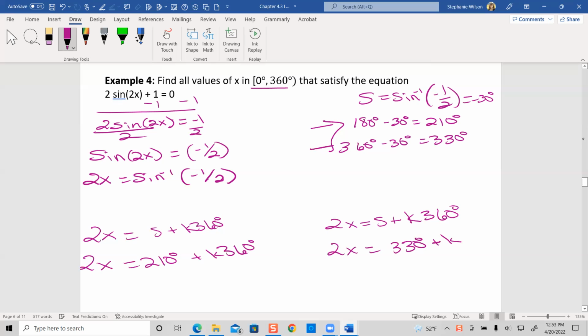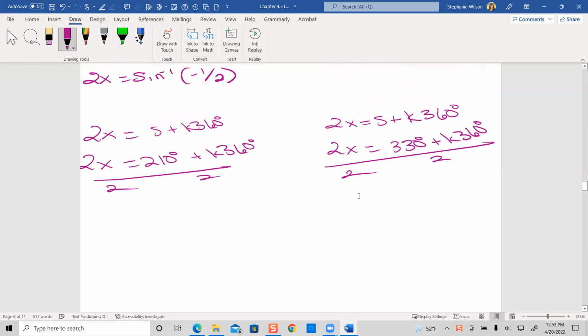All right, so now we're going to finish up by solving for x. We're going to divide by 2 on both sides, right? When we divide by 2 on both sides, now I get x is equal to 105 degrees plus k times 180 degrees, and x is equal to 165 degrees plus k times 180 degrees.